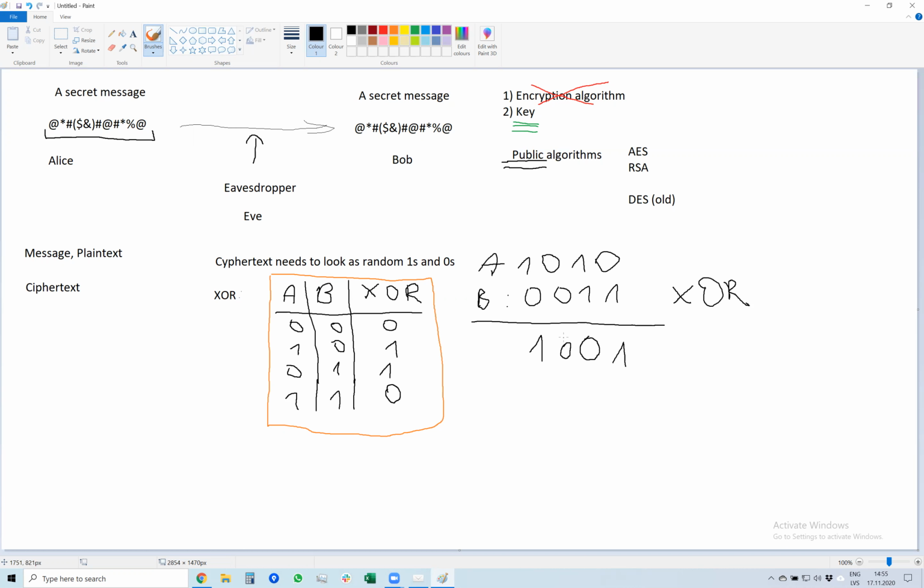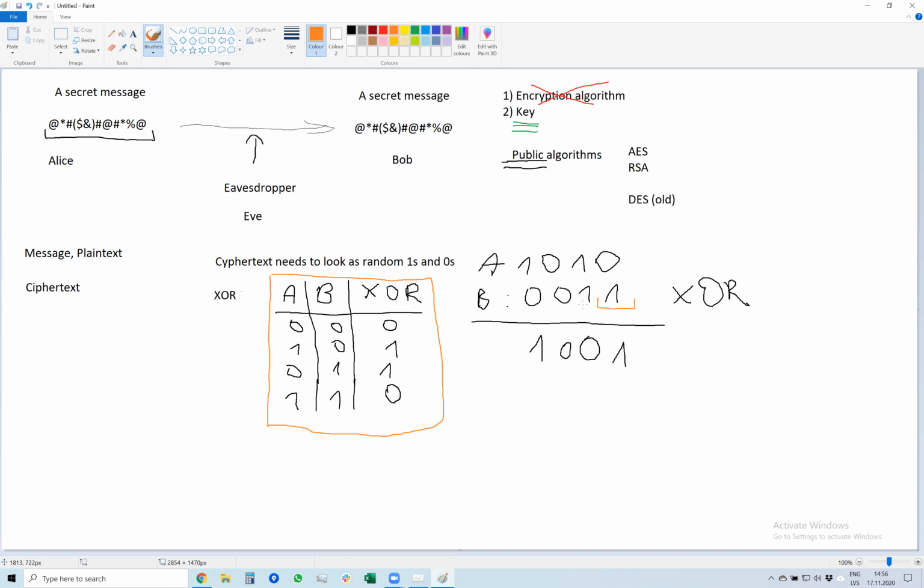And another way to describe this situation is: if A is like the base input and B is some kind of operator that is performed on A, we can see that in B, when the B bit is 1, A is flipped to the opposite bit.